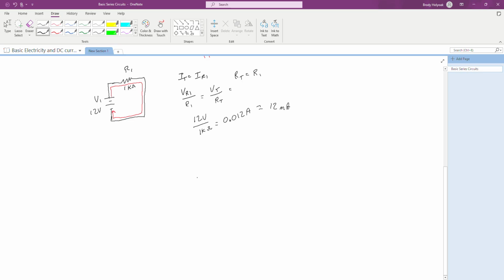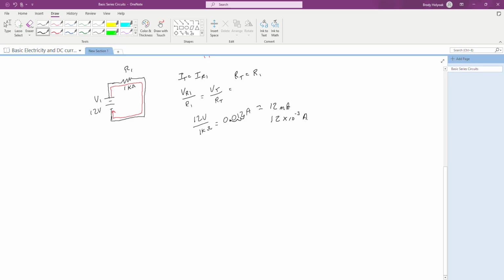Because again, I got to move that decimal, and to make it a valid number, it has to have 1 to 3 digits of 1 to 9, and so I need to move this 1, 2, 3, because I have to move it in groups of 3, so now I get 12 milliamps, or 12 times 10 to the negative third amps.